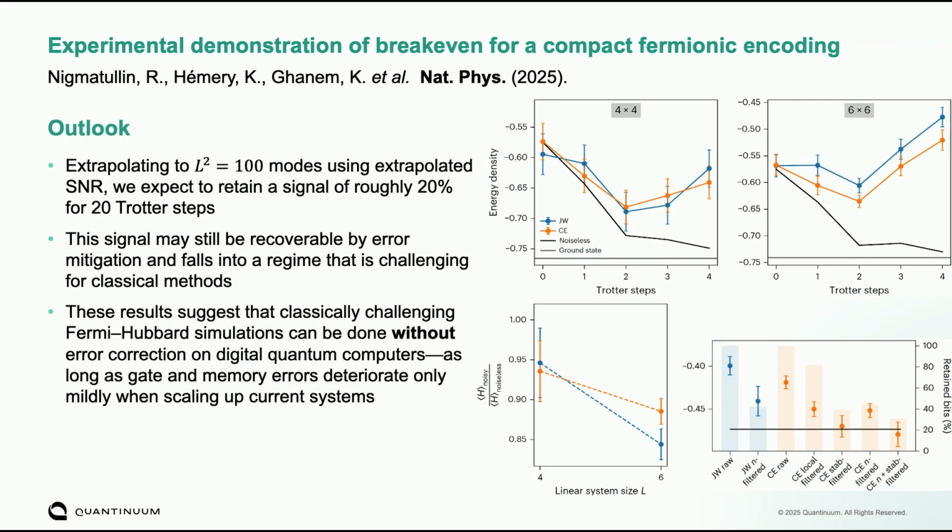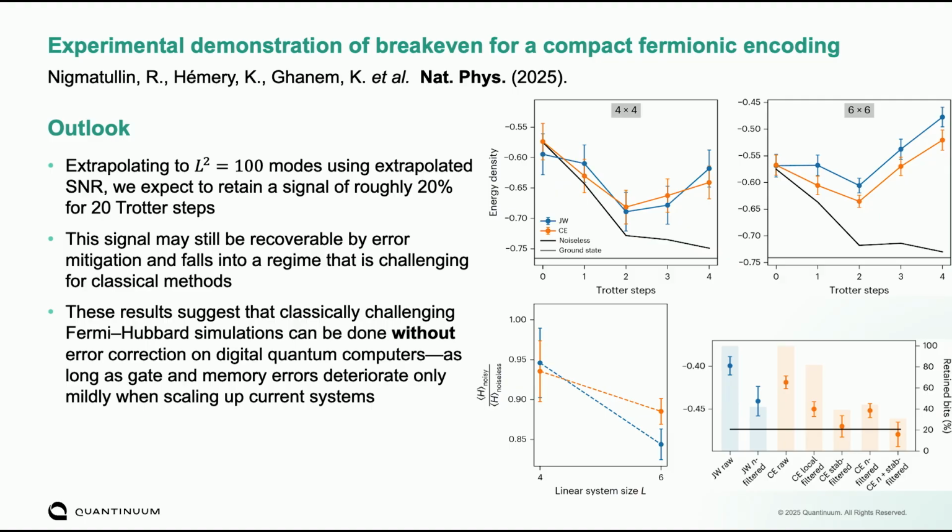Some of the outlook we had from this work: we only did a 6x6 grid, and so it could be computed classically. However, if we extrapolate the SNR that we got here to a system size of about 10 by 10, we'd expect that we might have a signal of about 20% for 20 Trotter steps, and it may be recoverable by error mitigation.